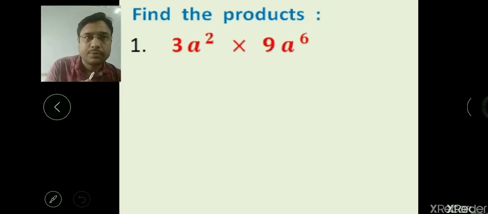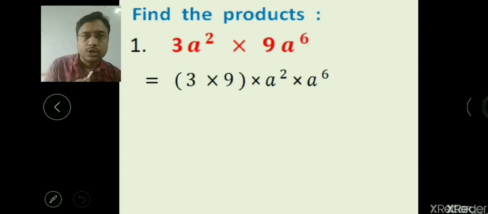Find the product of 3a square into 9a to the power 6. First we multiply their numerical values, the numerical coefficients: 3 into 9.